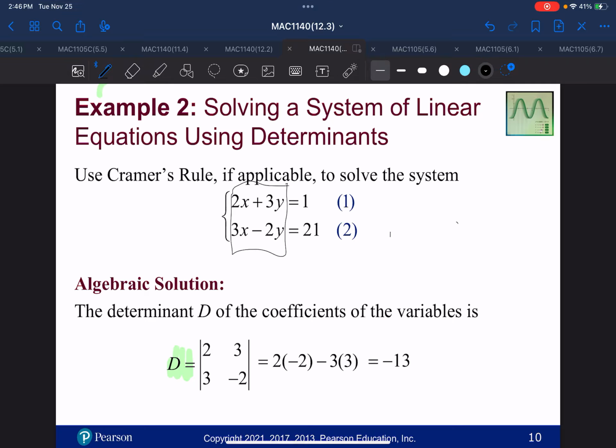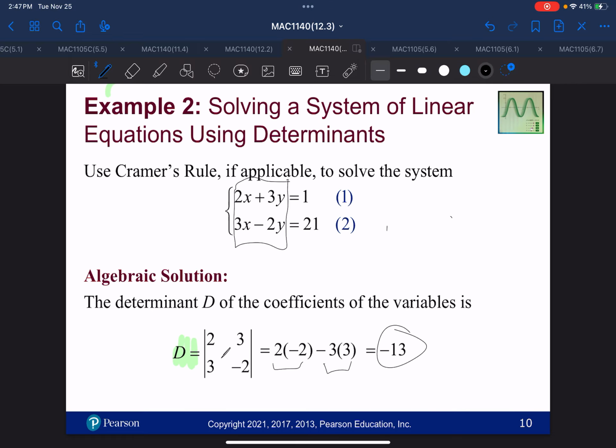And that would be 2 times negative 2, which is negative 4, minus 9, because 3 times 3 is 9, and that will equal negative 13. Okay, so d is equal to negative 13, which is non-zero. So that shows that we can use Cramer's rule to find the solution of this system of equations.